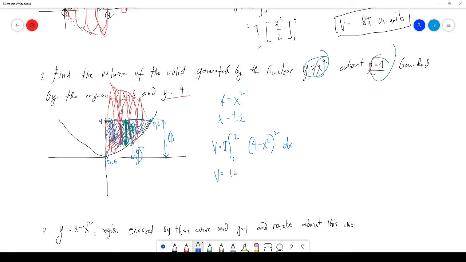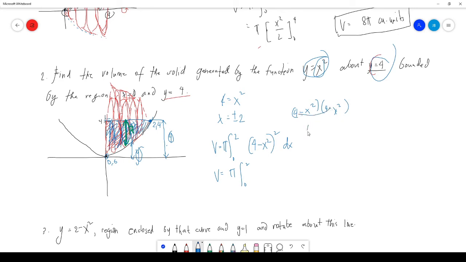So how do we find the volume for that one? Now let's distribute 4 minus x squared squared. So therefore that would be 4 minus x squared times 4 minus x squared.